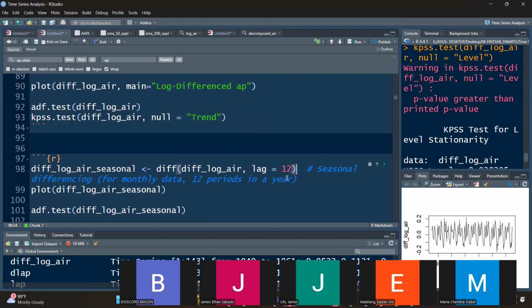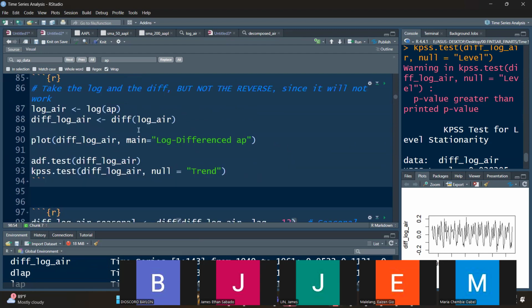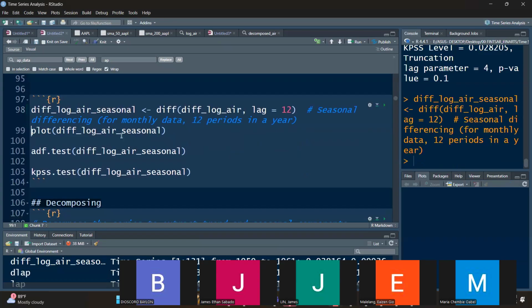Before, we just differenced on the daily data. Here we're differencing by the season. So it's December to December, November to November, etc. So let's run this. We create this now, diff log, and let's plot this.